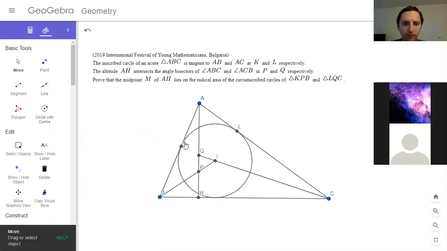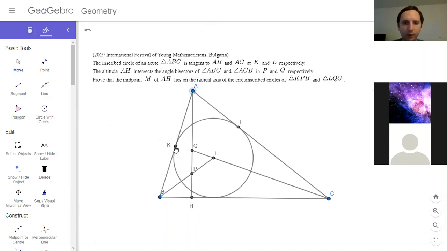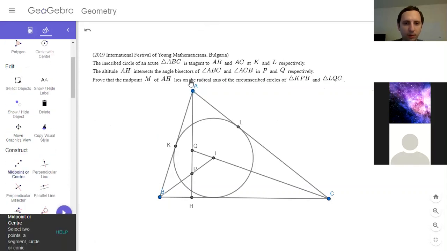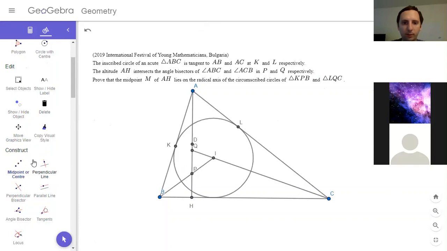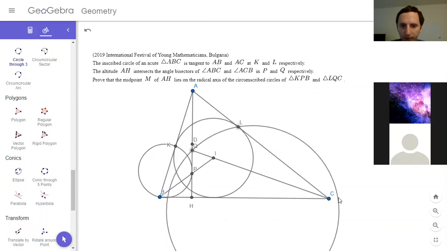So the midpoint of AH. So let's see. Okay, so we draw KPB and LQC. So here's KPB, LQC.